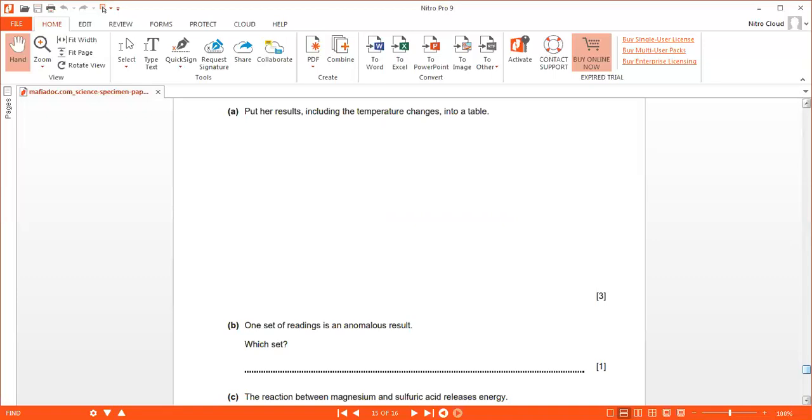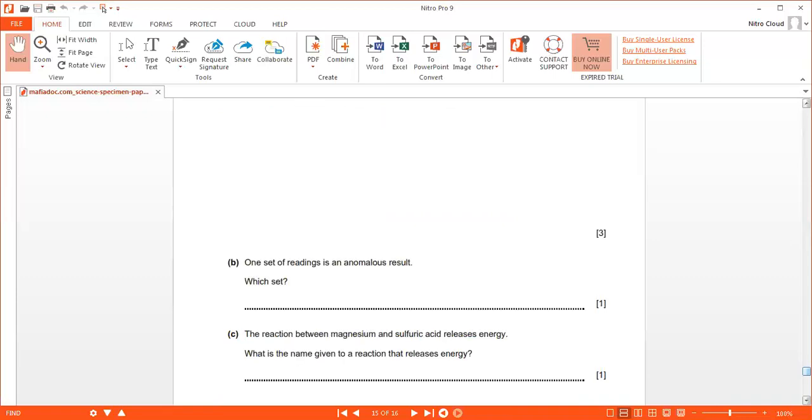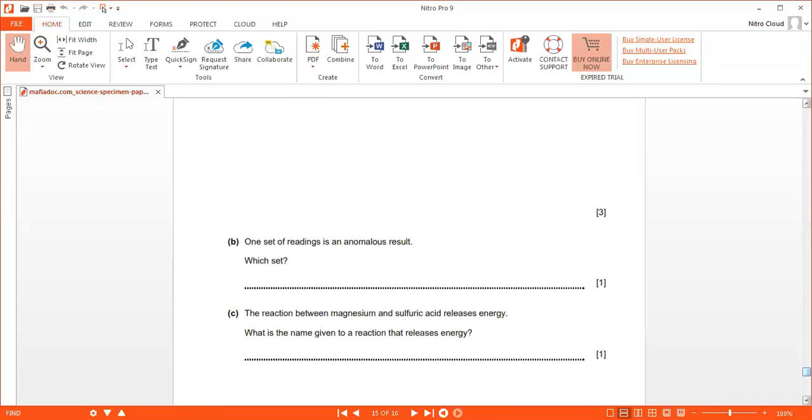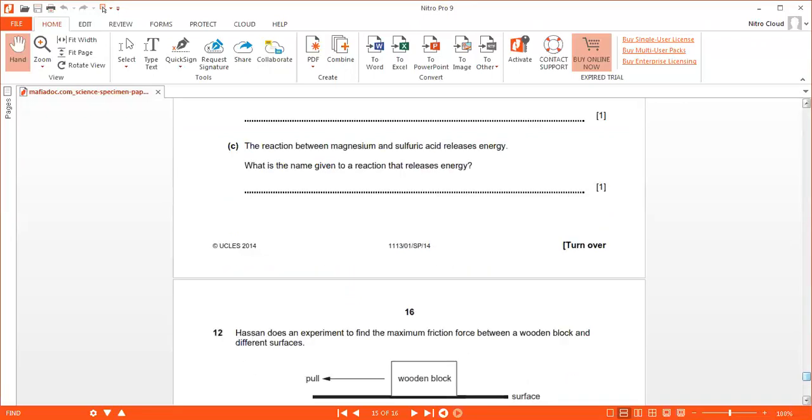It's incorrect because the temperature change is increasing, 2, then 4, then 6. So 5 is incorrect. The reaction between magnesium and sulfuric acid releases energy. What is the name given to a reaction that releases energy? It's an exothermic reaction.